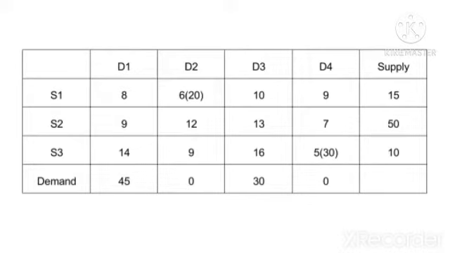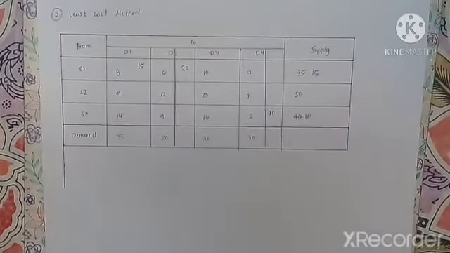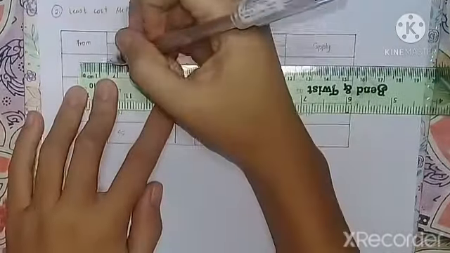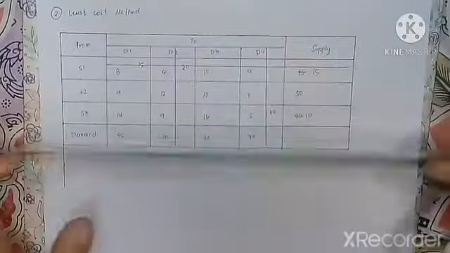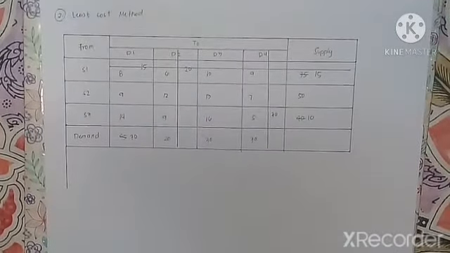Next, the smallest transportation cost is 8 in cell S1 and D1 with a demand of 45 and supply of 15. The allocation to this cell is 15. This exhausts the capacity of S1 and leaves 45 minus 15 equals 30 units.